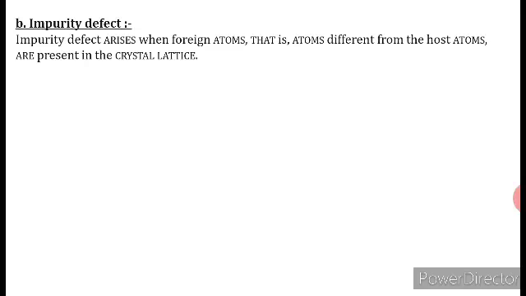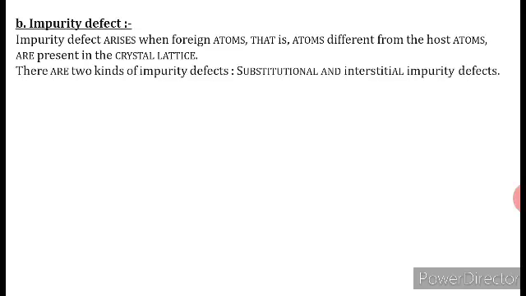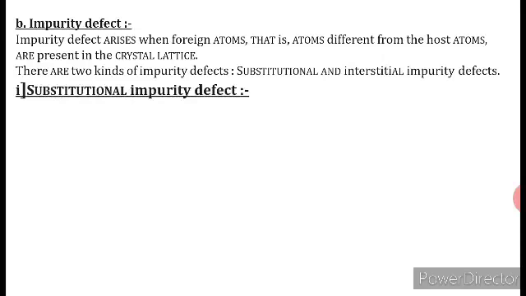First we'll go for the first category, that is substitutional impurity defect. From the name itself it is clear that the atom of a particular substance is substituted by the atom of another element, then this type of impurity defect is generated.